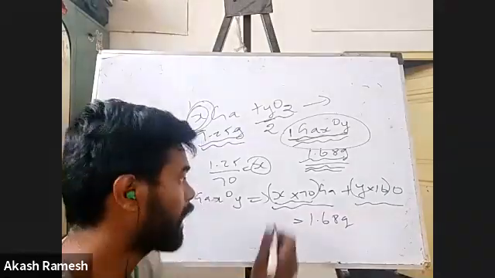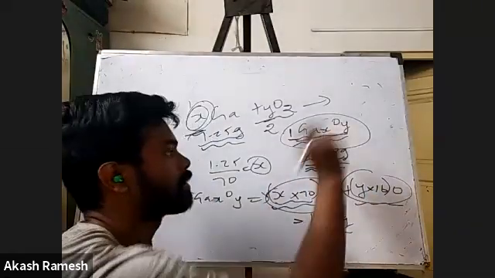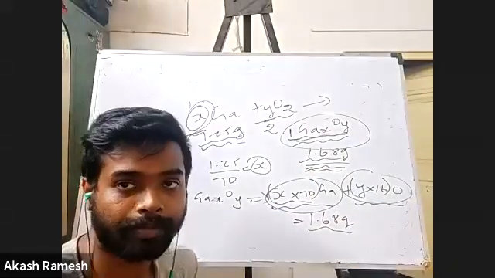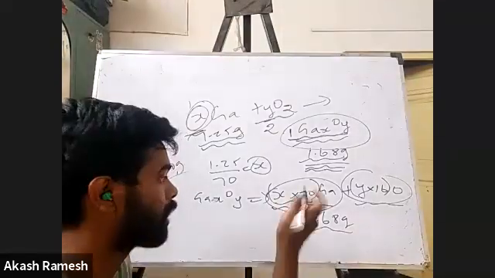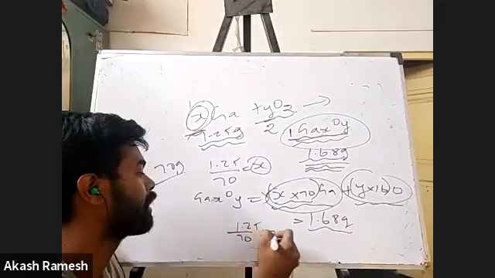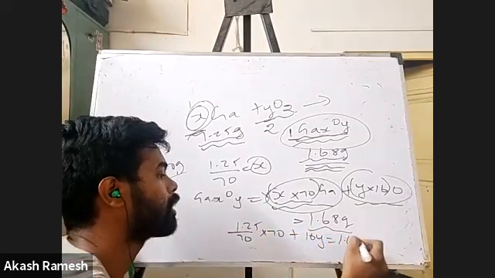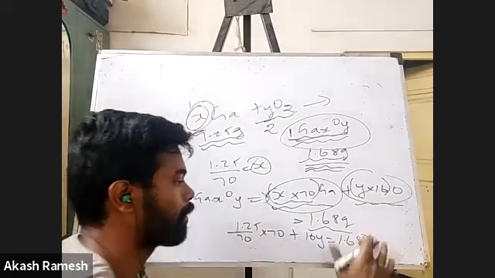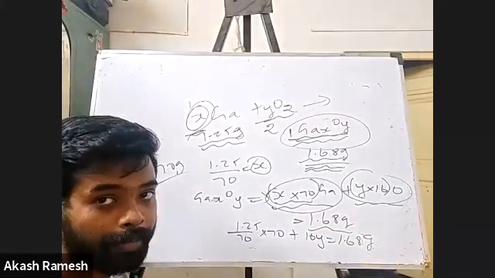The total mass is 1.68, and I know the X value. So 1.25 divided by 70 into 70, plus 16Y, equals 1.68 grams. That's it, I've solved for Y also.